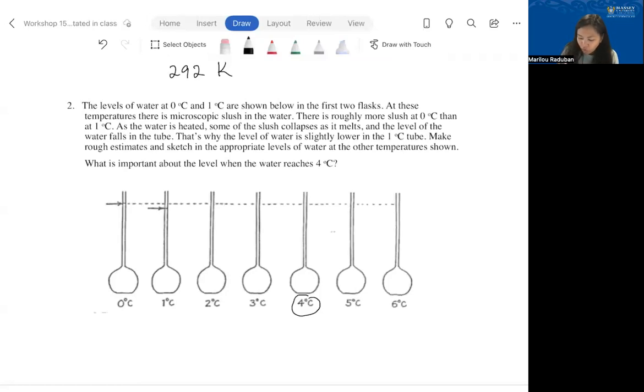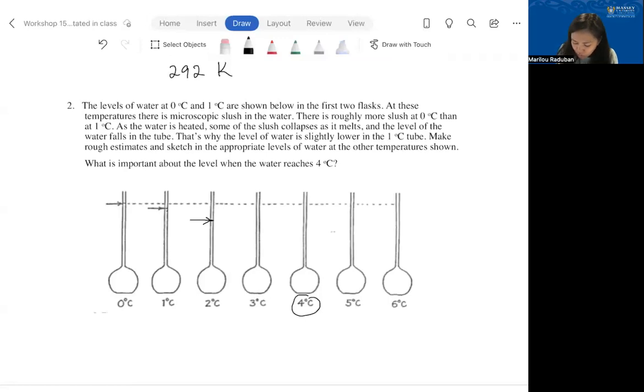If we go the opposite way, at 0 degrees Celsius, as you warm up the water, the ice crystals collapse. And so at 1 degree Celsius, you have here a smaller volume and the arrow goes down. At 2 degrees Celsius, you'll see a further collapse in the ice crystals, causing the volume of the water to collapse.